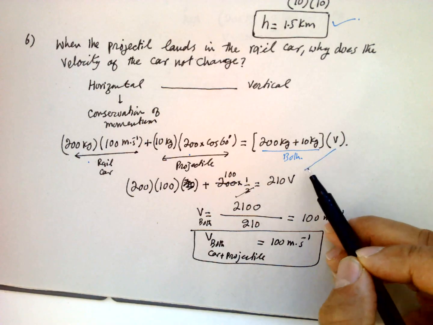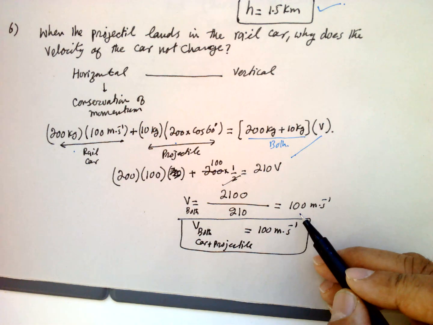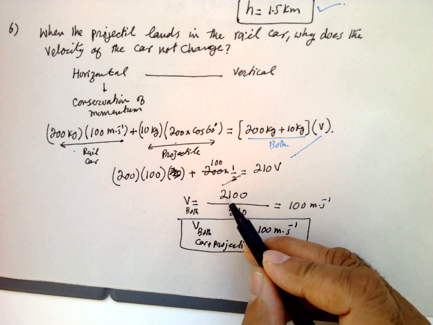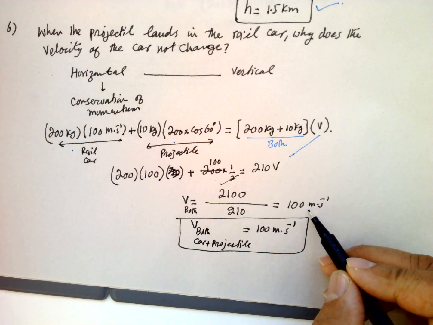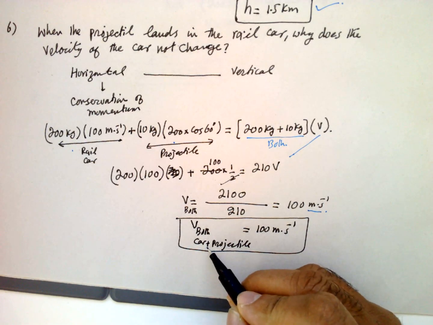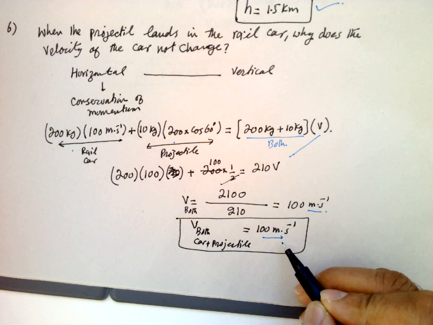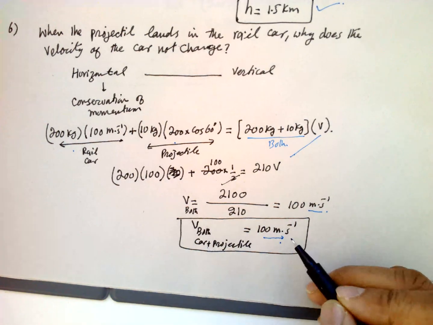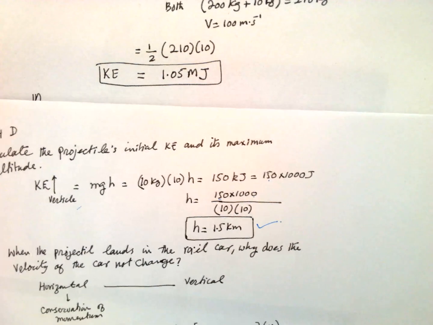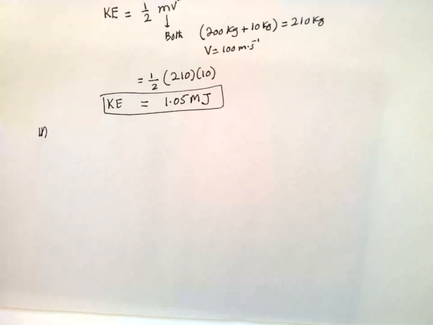From this we can find the velocity of both, which is equal to 100 meters per second. Before the projectile landing it was 100 and afterward it is also 100, so both are the same, and that's why there is no change in the speed of the rail car.